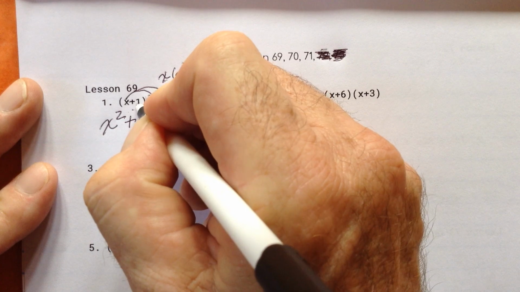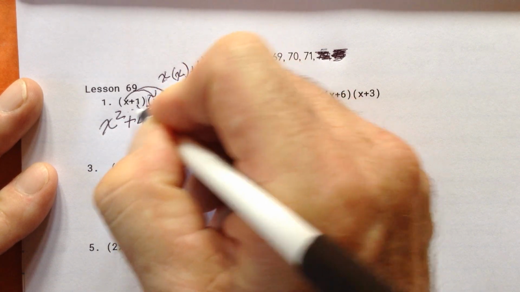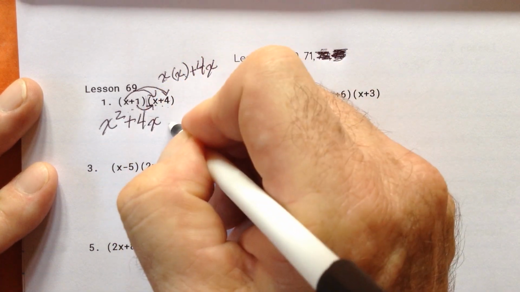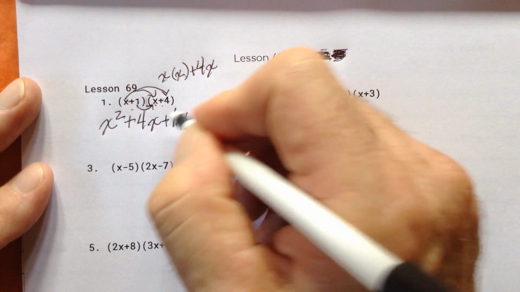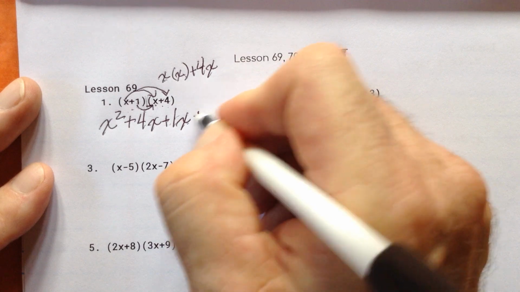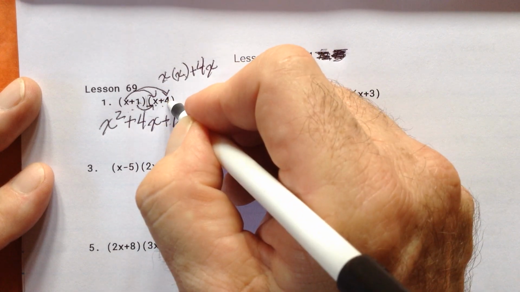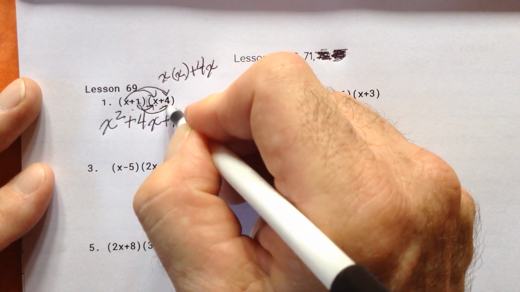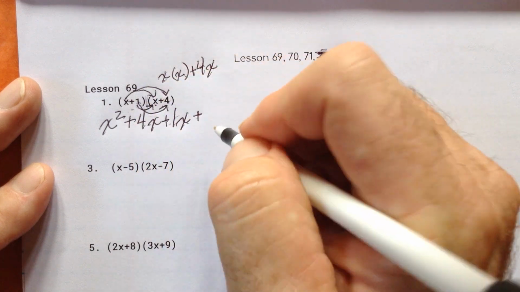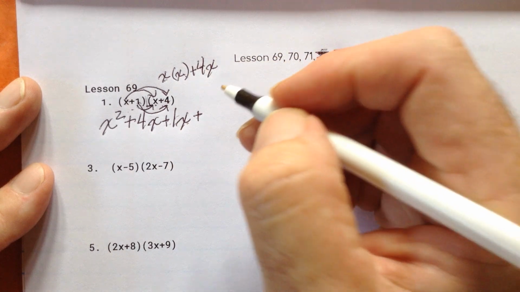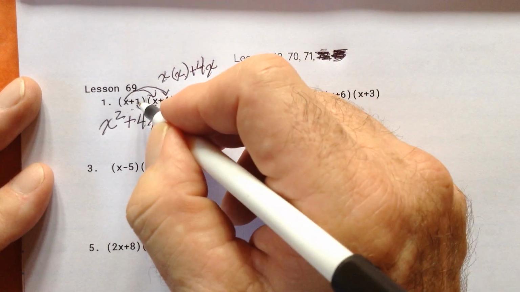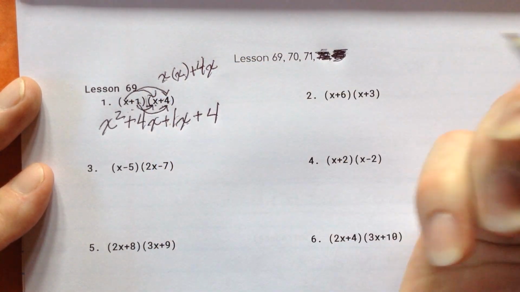So here I got to go 1 times x, so 1x. And then I got to go plus 1 times 4. I got to FOIL it. They call this foiling in the book. It's just another form of the distributive property we did earlier. So 1 times 4 is going to be 4.